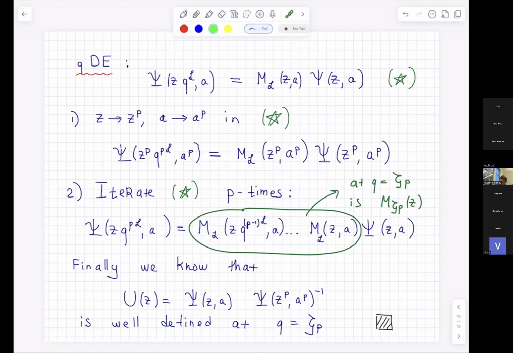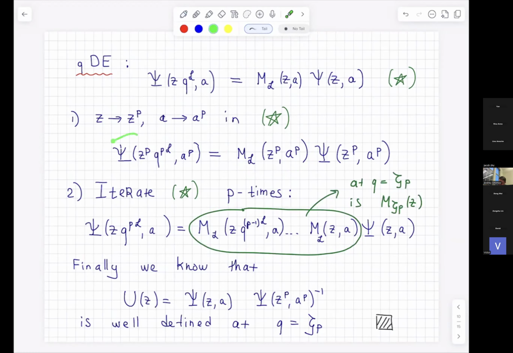So somehow I want to show that the spectrum of this operator here and the spectrum of this iterated product at q given by the pth root of unity coincide. Well, and now it's simple.